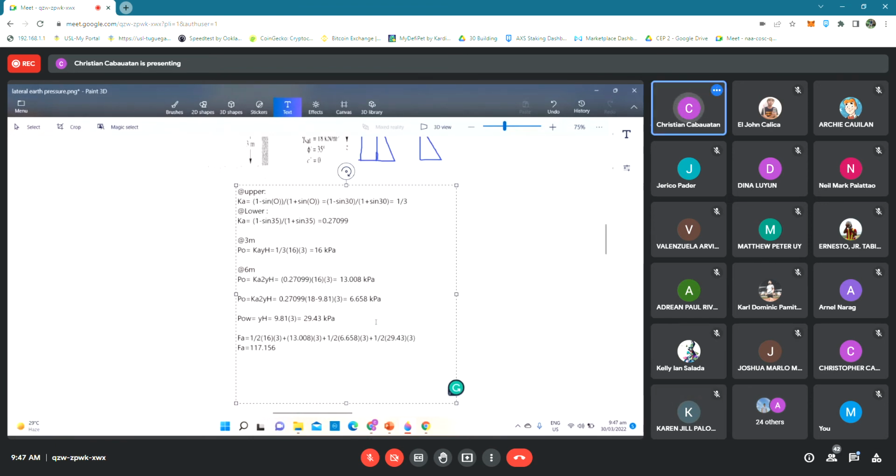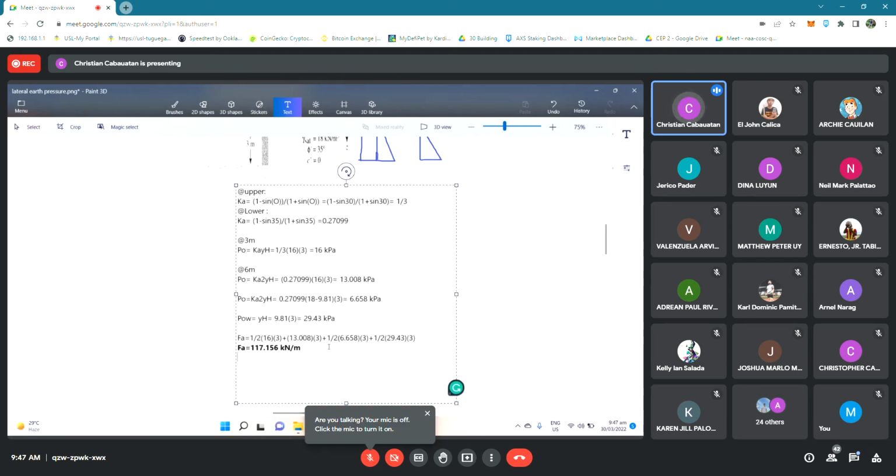It is in force, per unit weight, which is kilonewton per meter. Okay? So that's your force.